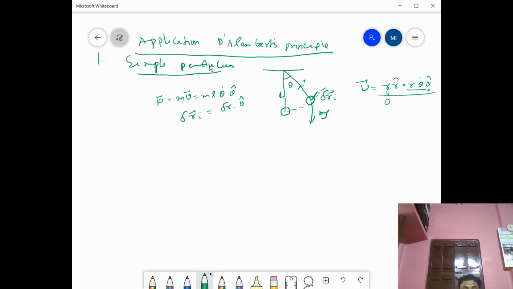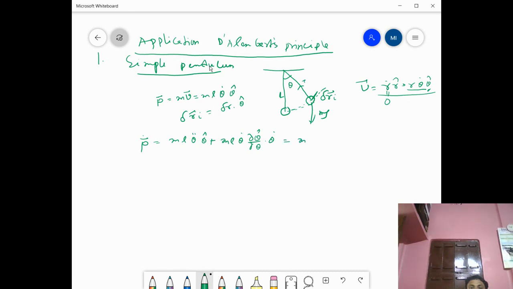Now we apply the principle of virtual work, right? So you have to calculate P dot. P dot will be equal to mL theta double dot theta cap plus mL theta dot del theta cap by del theta into theta dot, right? You have learned it in your previous classes.